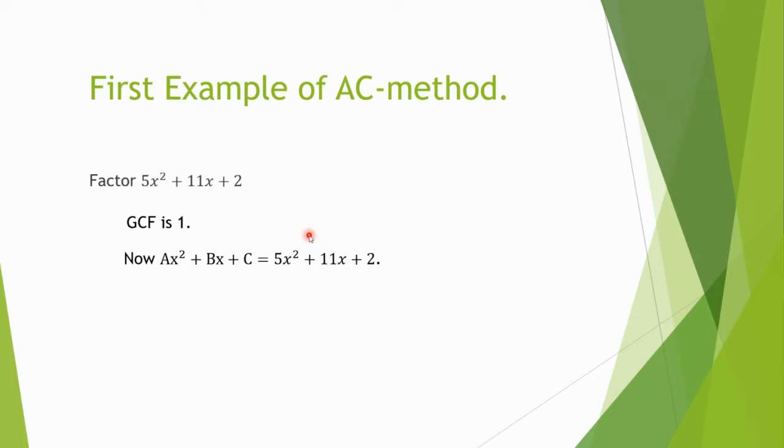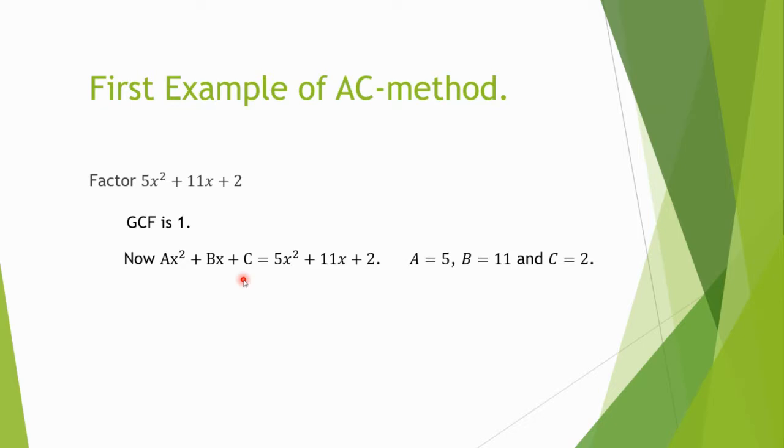Now, what do we do next? We're going to apply the rest of the method. Notice by comparing the polynomials, 5 is taking the role of a, 11 is taking the role of b, and 2 is taking the role of c, just by comparing coefficients.